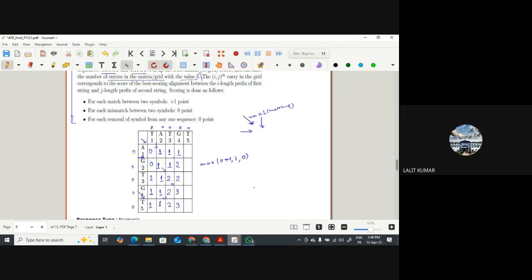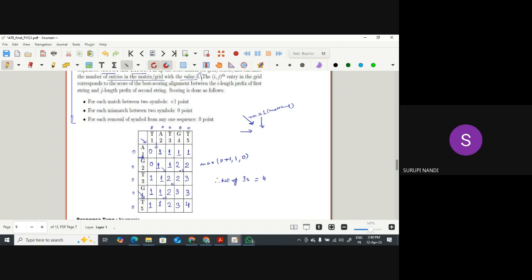Now TA will come 1, maximum of 1 and 2, 2. Here TT has matched, so 2 plus 1 becomes 3. This will be the maximum of 3 and 3, which is 3, and this is 4. Therefore, the number of 3's is equal to 4. Is this okay with everyone?